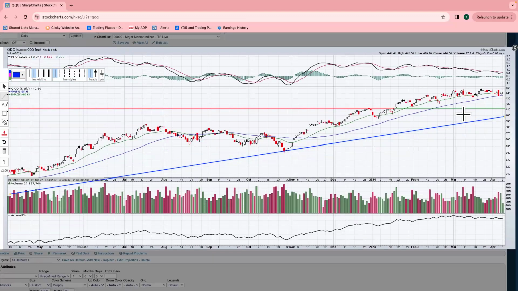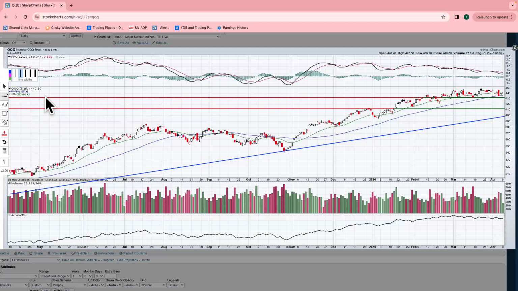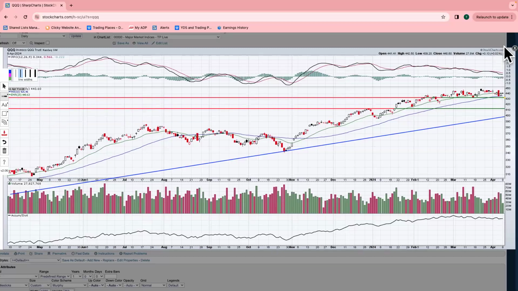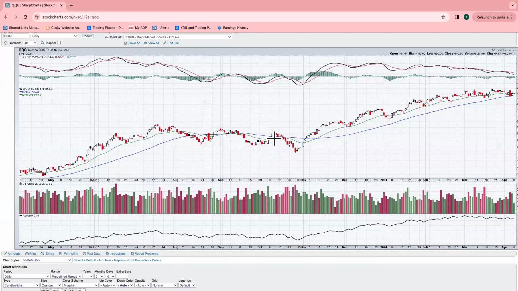I'd have to go a little bit further out to look at that. But right now, what I would be concentrating on would be any kind of a move down to about that 432 level, right about there. So that's what I would say on the QQQ right now.